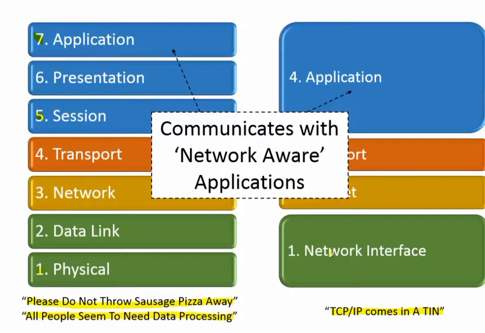A lot of authors, I have heard them say that all the applications on your computer reside on this application layer, which is not true. The application layer deals with only applications that are network aware, and all the applications on your computer have nothing to do with the application layer if they do not communicate on the network.